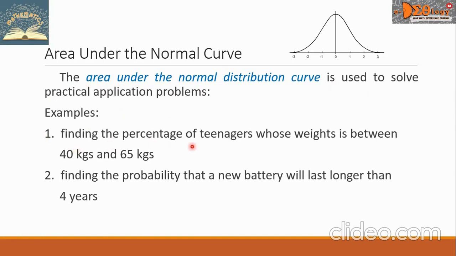Finding the percentage of teenagers whose weights are between 40 kilograms and 65 kilograms. Second example, finding the probability that a new battery will last longer than 4 years.